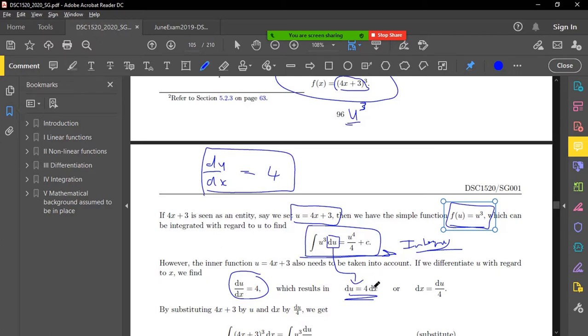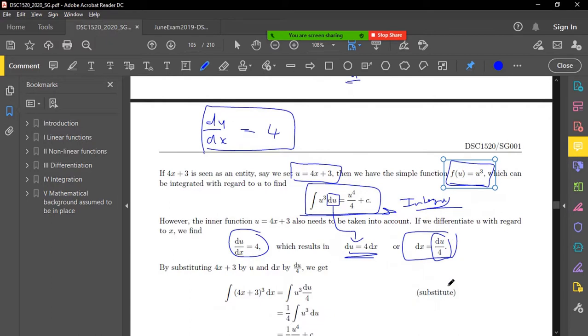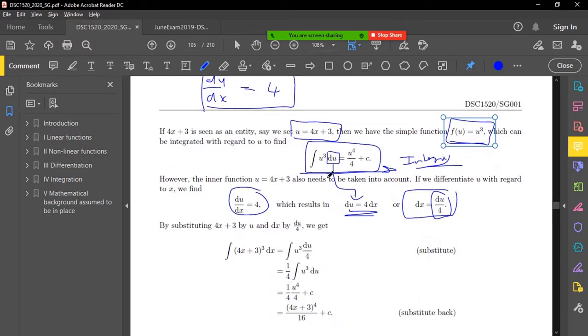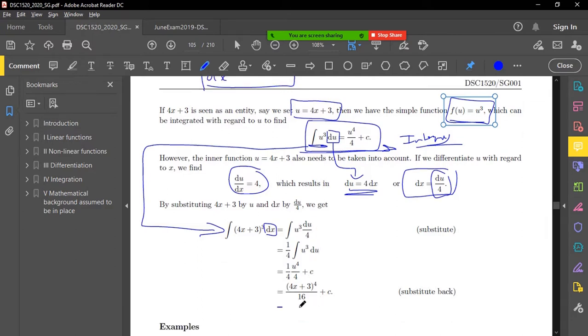Do you see that? Yep. So dx equals du over 4. So I'm going from this step to that step. Plug in the u, and then insert the du over 4. Yep. Then I solve, and I get that.